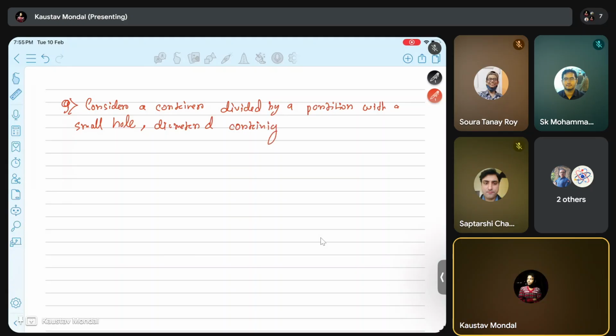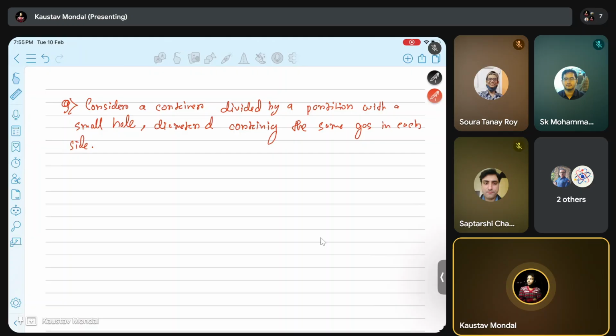containing the same gas on each side. So a container that is separated by a partition, and that partition has a small hole, and each side of the container contains the same gas.